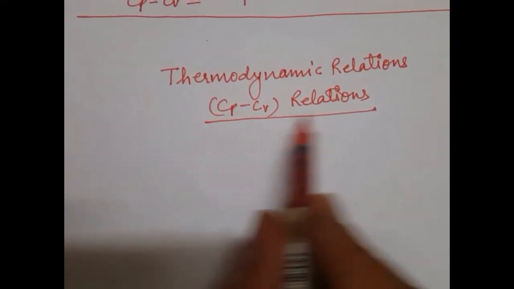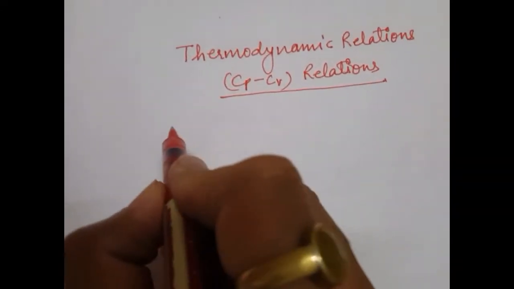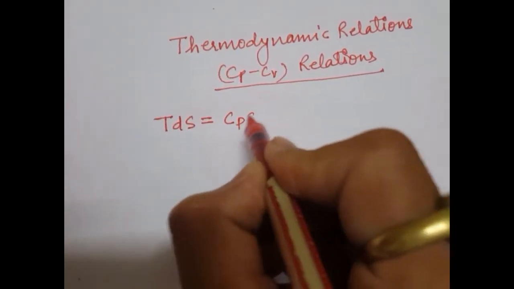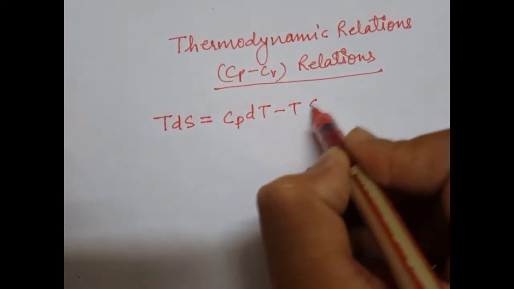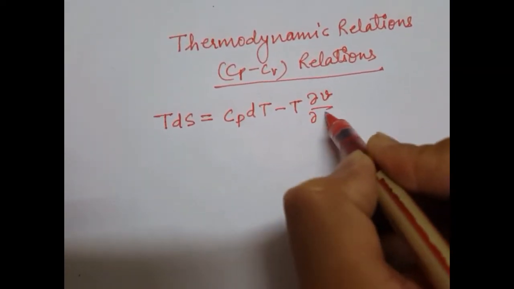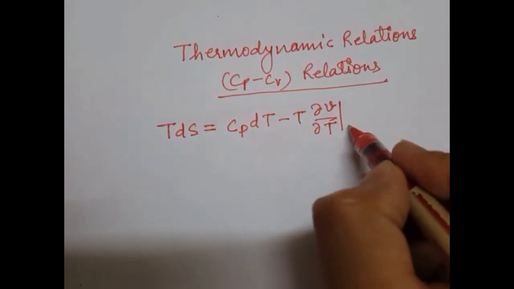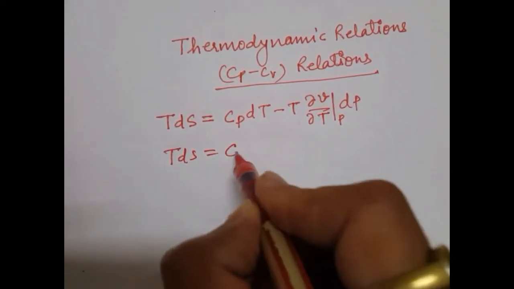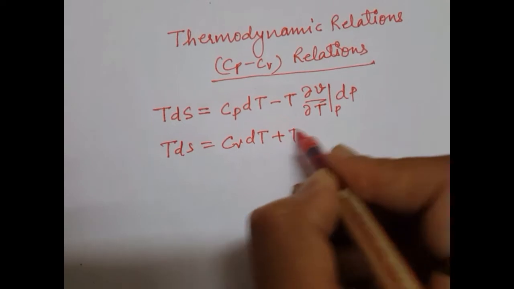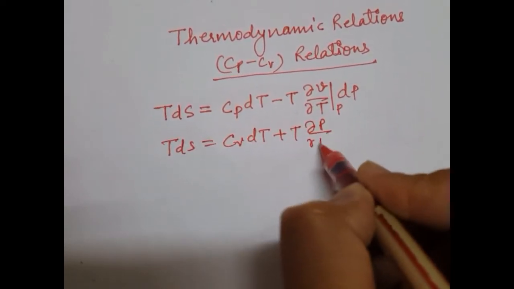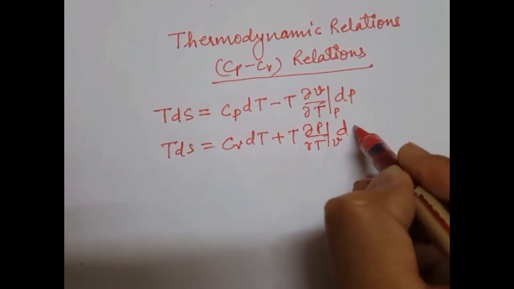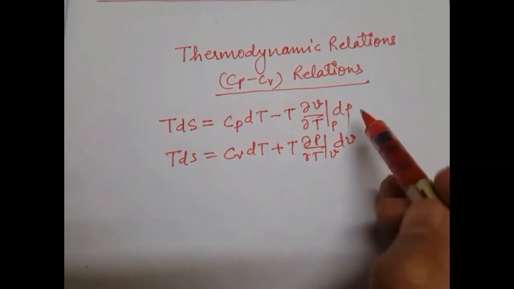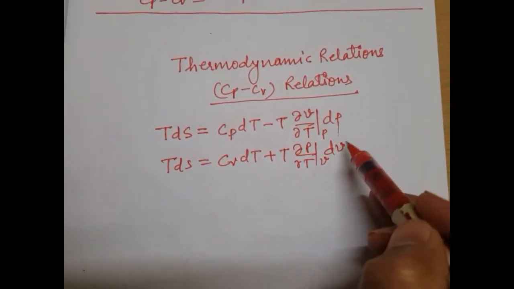Now, to derive this, we will require two equations, two TdS relations. That is Cp dT minus T del V by del T at constant pressure dP, and the second one is this. We have derived these two TdS relations in previous lectures.